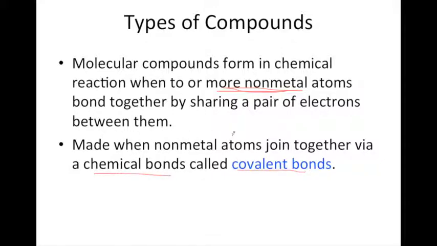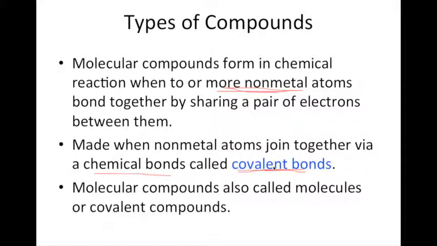So the shared electrons are what bond our nonmetals together. The shared pair of electrons is what we call a covalent bond. So it's very different than an ionic bond where the electrons are transferred. Molecular compounds are also called molecules or sometimes covalent compounds.